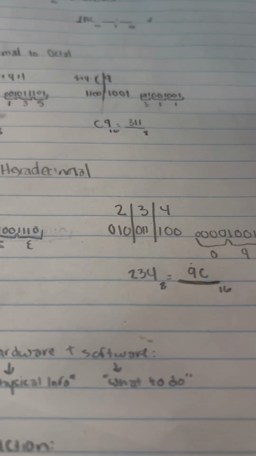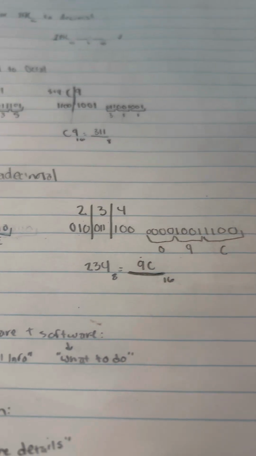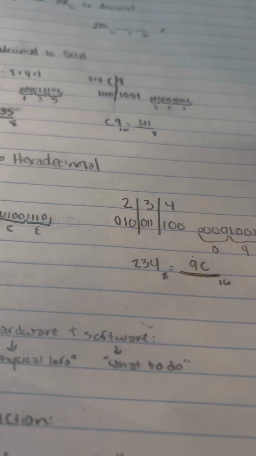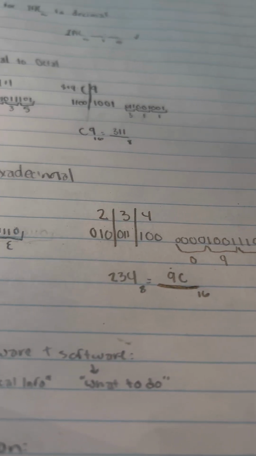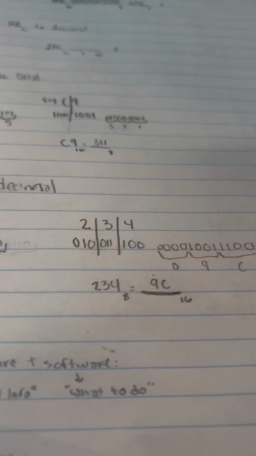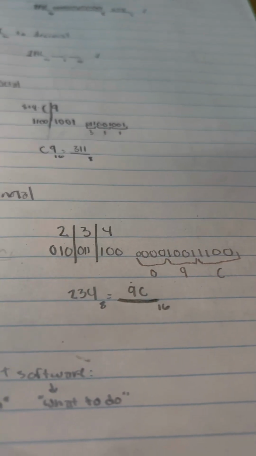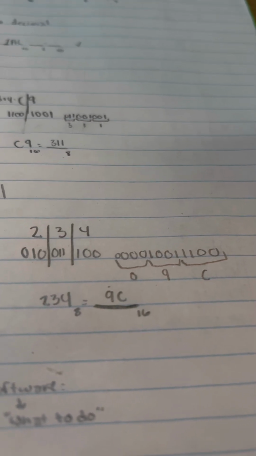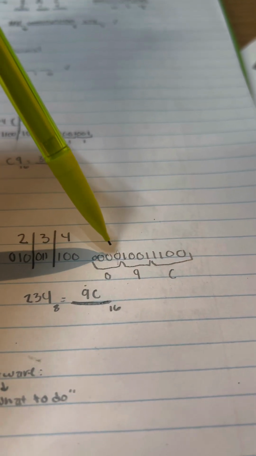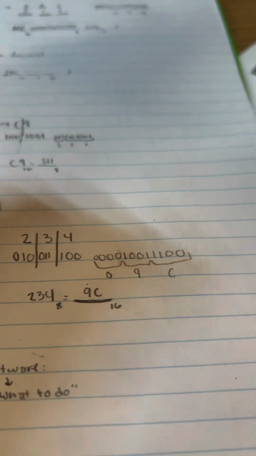For the second one, it's 234 base 8 to base 16, or octal to hexadecimal. We get the binary representation first, which for 2 it is 010, for 3 it is 011, and for 4 it is 100. Actually, sorry, all that together would start at this 0, but we had to pan left and fill in the rest of the zeros.